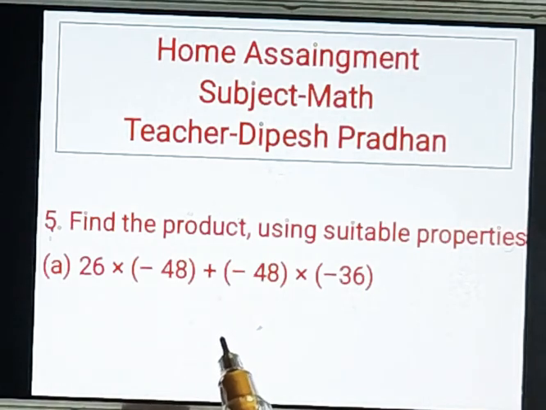You have to use the properties which I have discussed in the previous class. Just go back and recapitulate them and try to solve this.